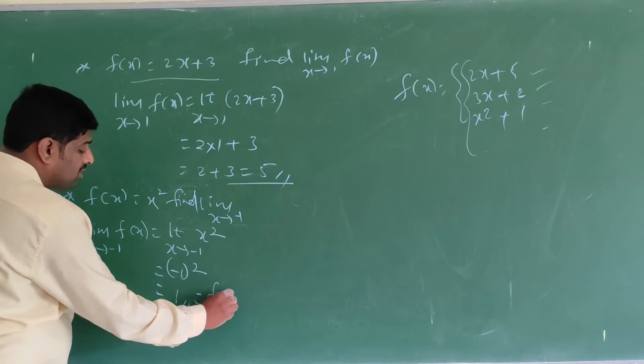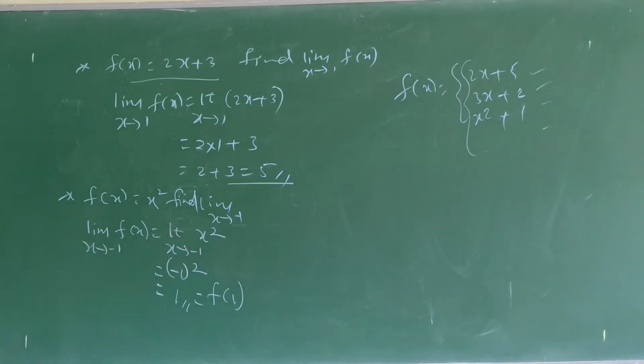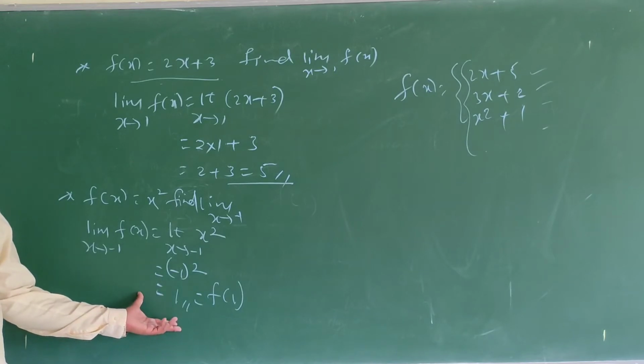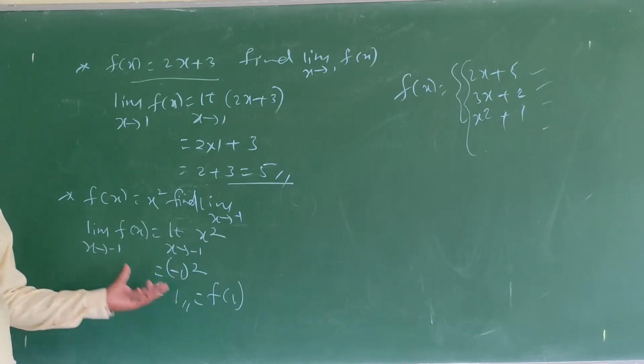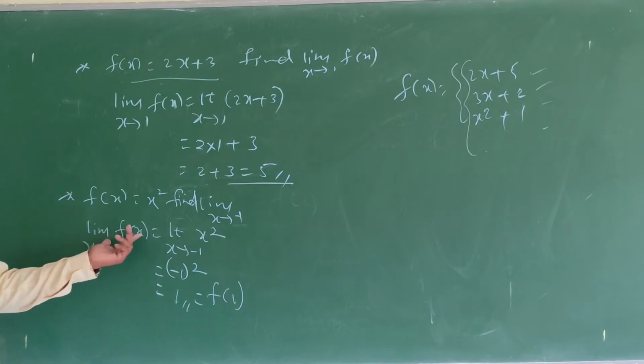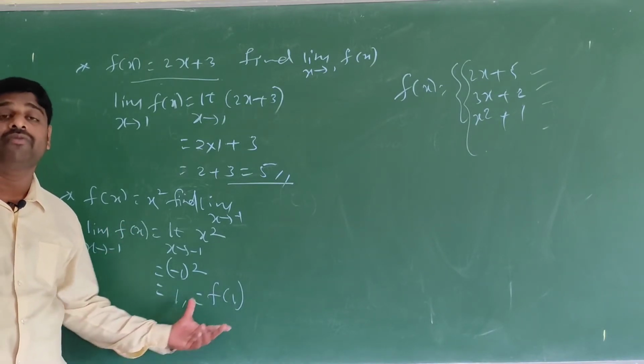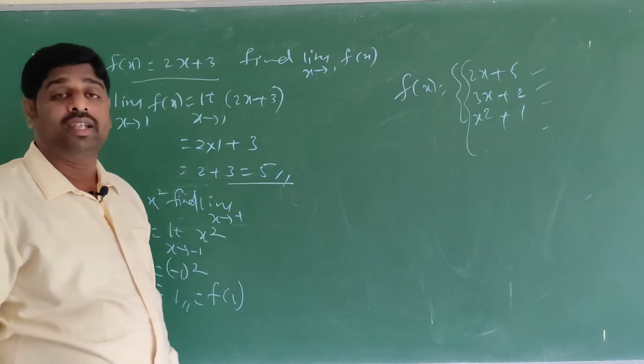That means this can be written as f of minus 1. We got some value. When we get a value, that is called continuous. That is, limit as x tends to c of f of x is equal to f of c. This is the general form.